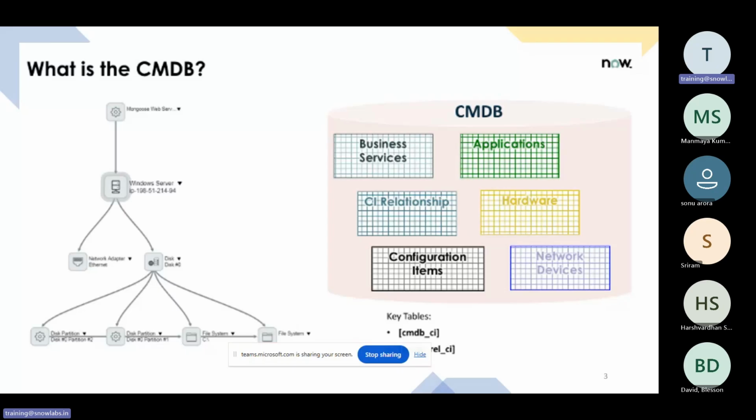That is one reason. Second, suppose this server is down and you have to give an estimate to the head of the organization of how much loss has been impacted. So how will you calculate the loss? By getting the relationship right, because see, this is down, so this is down, this is down, so how many areas have been down because this is down?